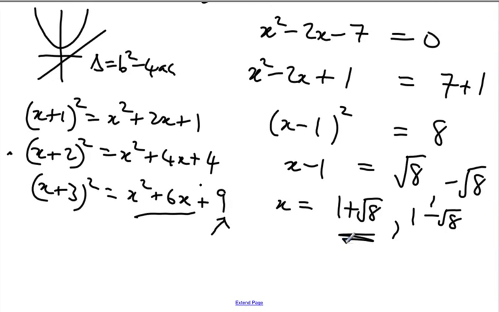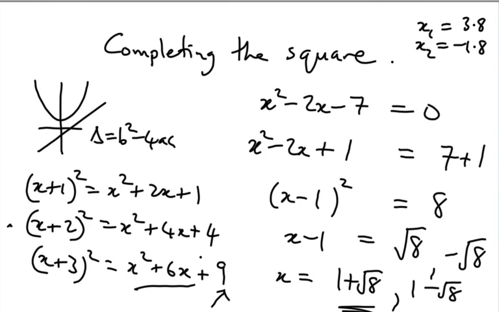And 1 plus root 8, where's our original answers? Square root of 8 is 2.8, 2.8 and 1 is 3.8, there it is up there, and over here, 1 take away 2.8 is minus 1.8, there it is there. So using completing the square, we have got our two answers without using our graphics calculator.